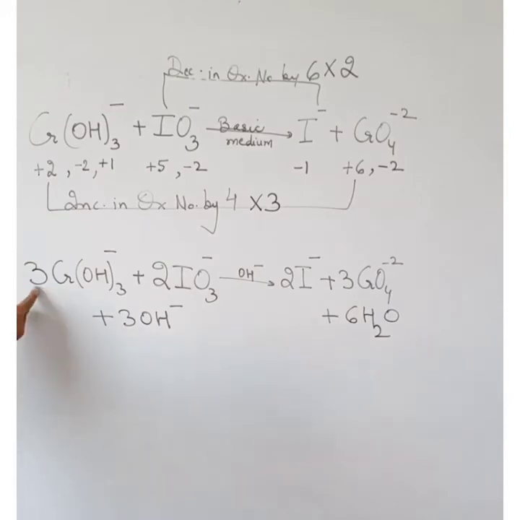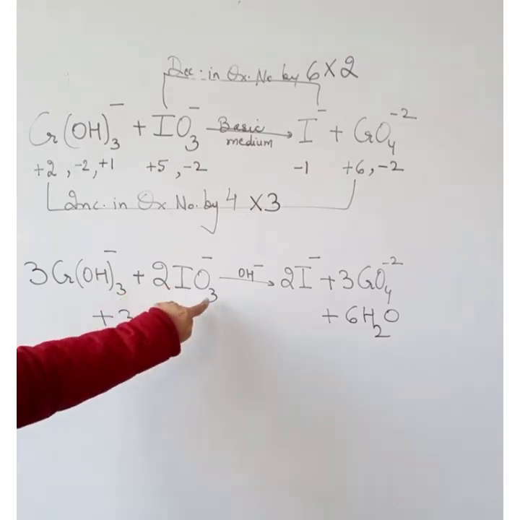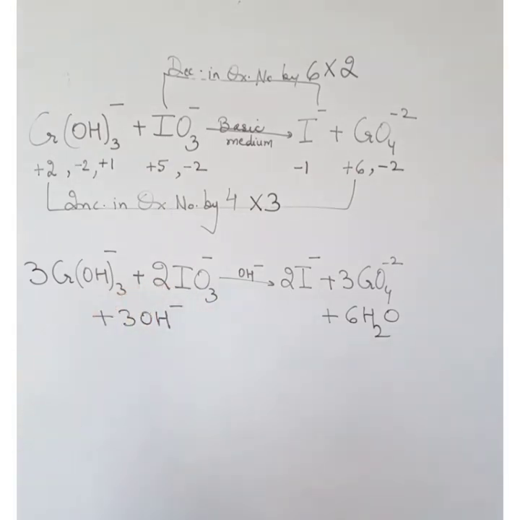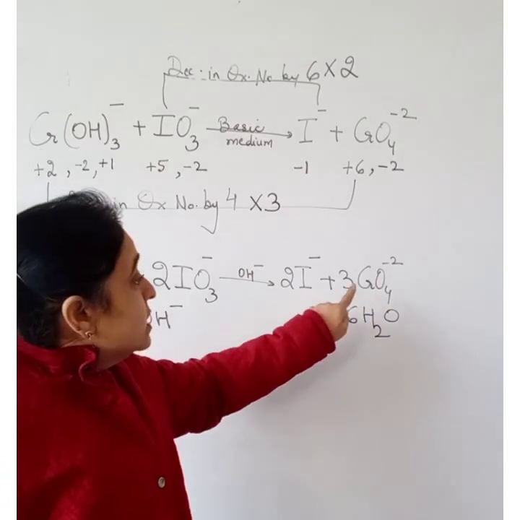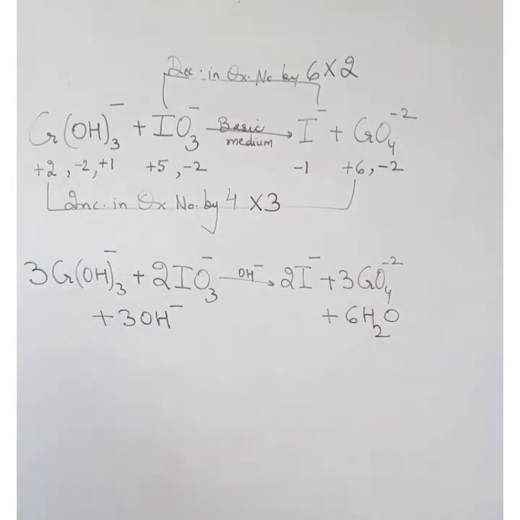Now again recheck. 3 3s are 9, 10, 11, 12 and 12 plus 6 that is 18. On this side 4 3s are 12 and 12 plus 6, 18. Oxygen is balanced. Now we have to balance hydrogen atom.